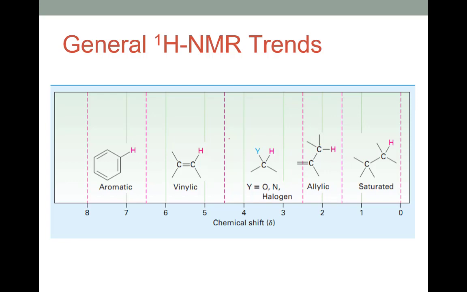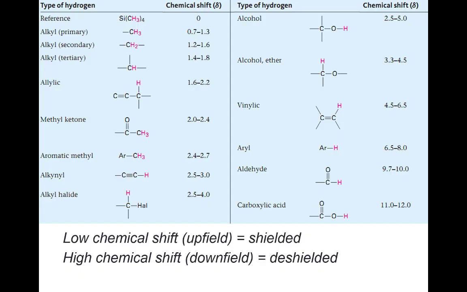Then we see the introduction of heteroatoms, oxygens, nitrogens, halogens, going a little bit higher yet. We see our vinylic hydrogens, like we saw in the previous molecule, a little higher. We see aromatic ring hydrogens up a little higher, 6.5 to 8, 8.5, something like that. The only things that you'll see higher than this, not shown on this slide but shown on the next one, are the carbonyl hydrogens.